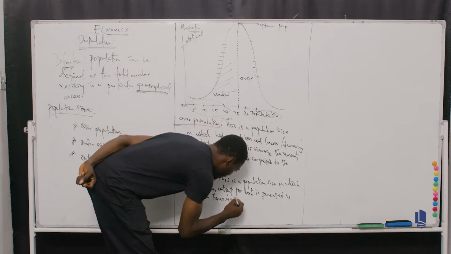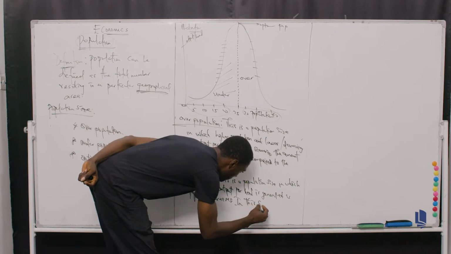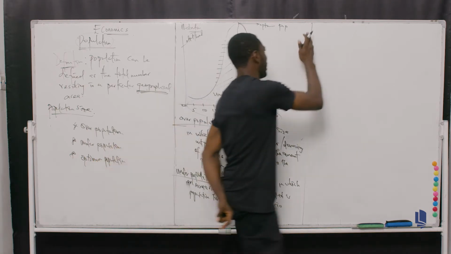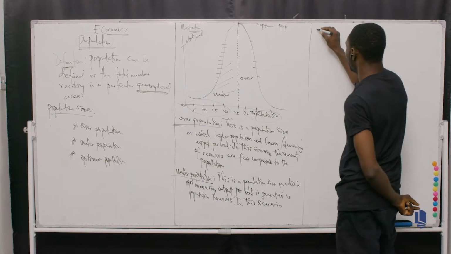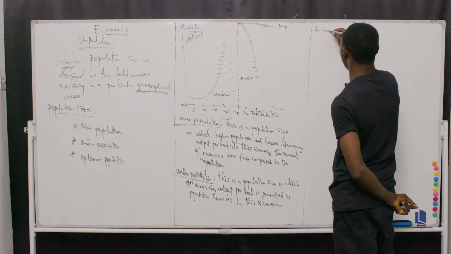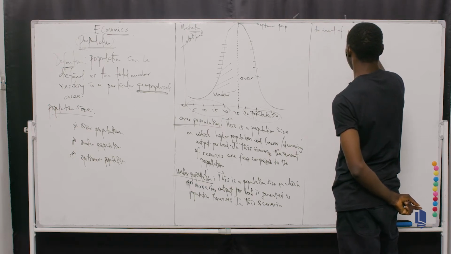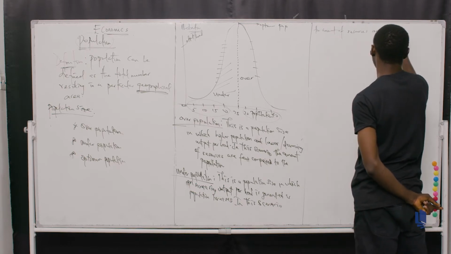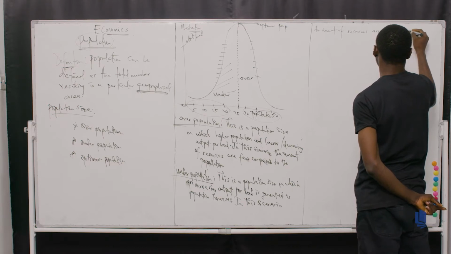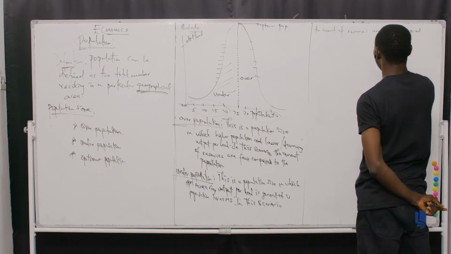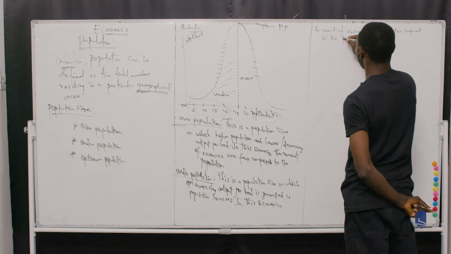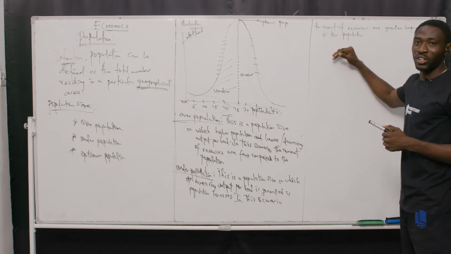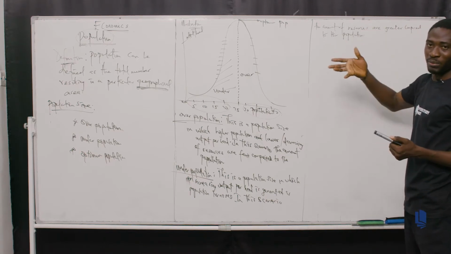So we say, in this scenario, the amount of resources are greater compared to the population. So what this is trying to tell us is that resources is more than people.